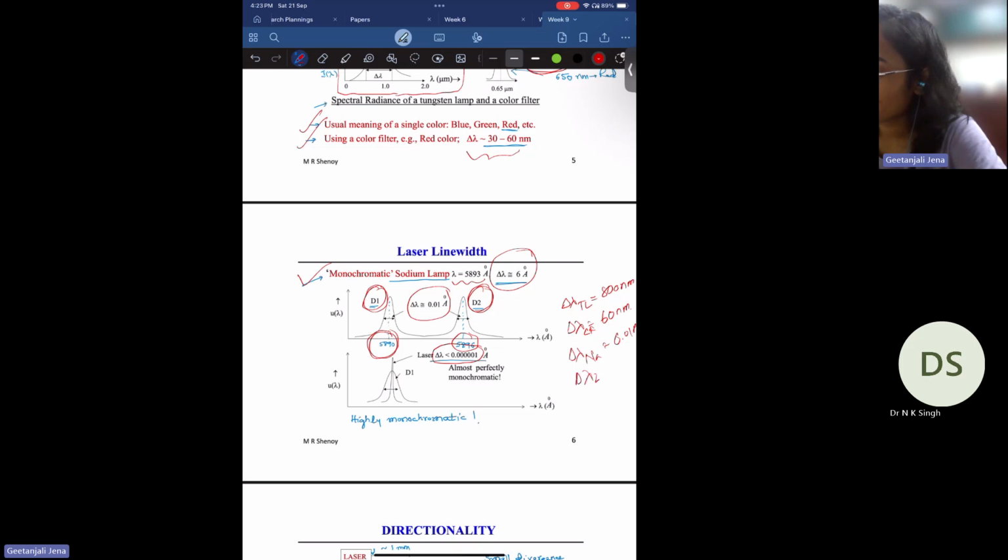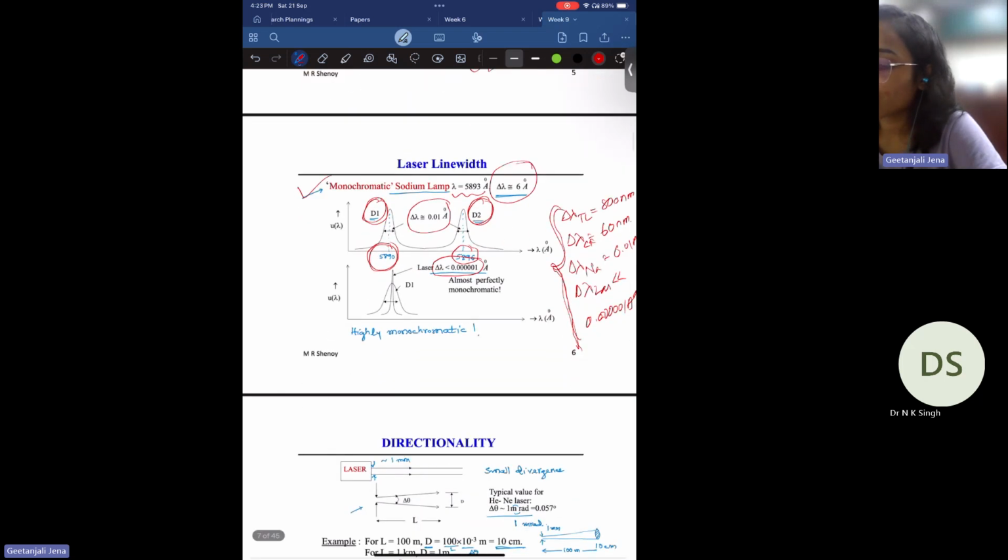And if you use a laser, it is much, much less than 0.000001. So you can classify or differentiate sources according to their monochromaticity, and we can determine the monochromaticity by calculating the line width.